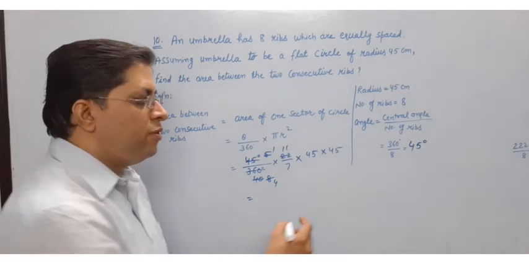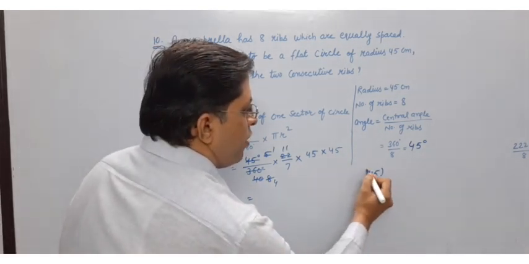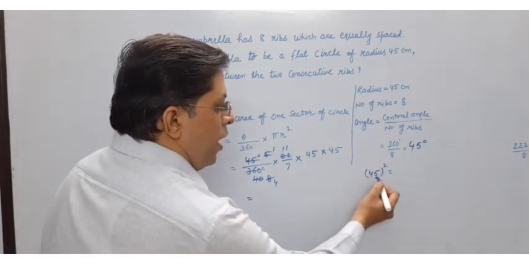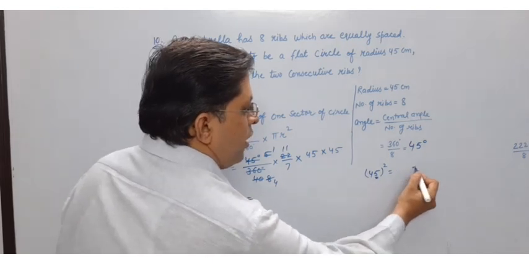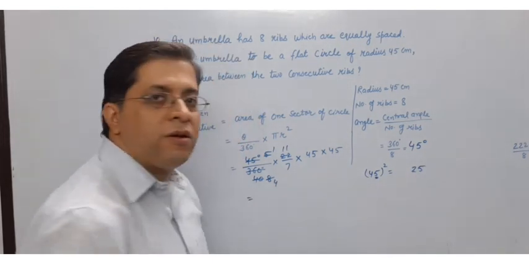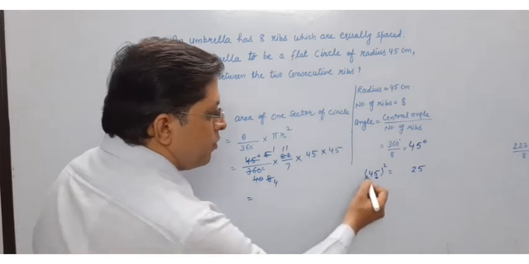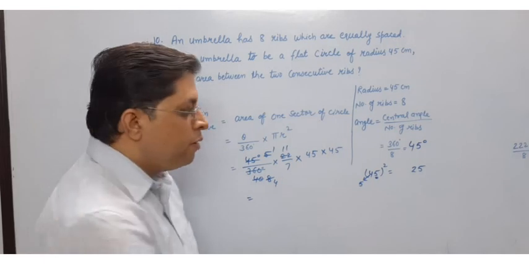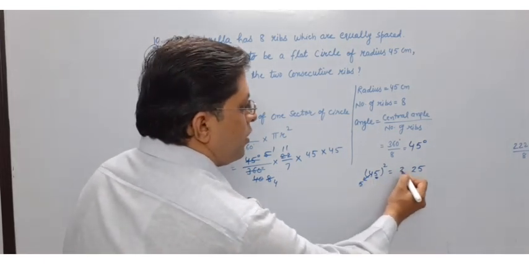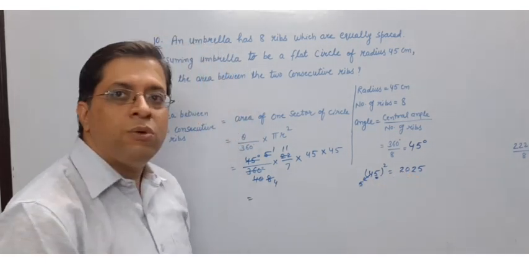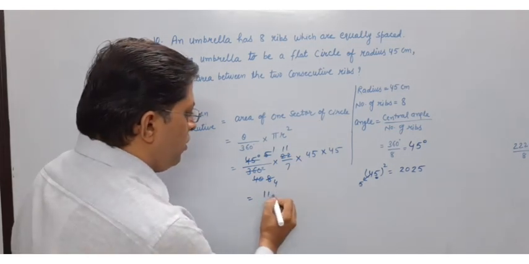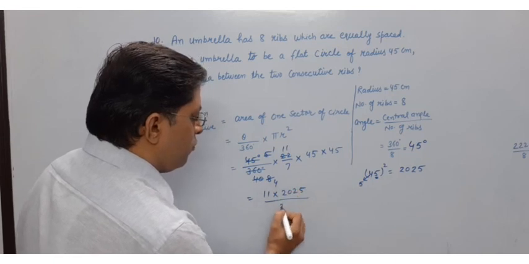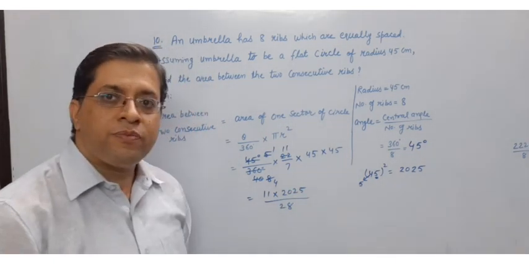Just one technique again. 45 square, multiply. How can we get it directly? If 5 is at the end, you write 25 at the back. This is one good technique. Take the next number of 4, which is 5, and multiply: 5 4s are 20. This is 2025. So 11 into 2025 upon 7 4s are 28.